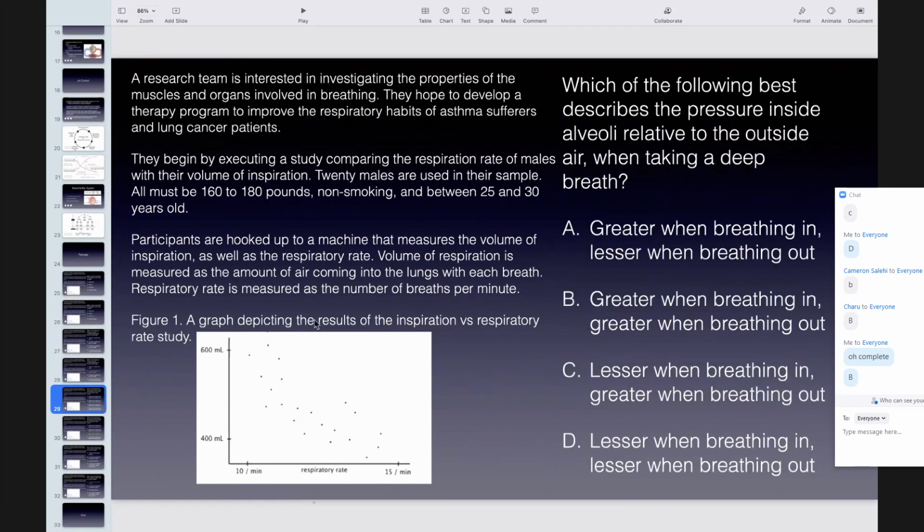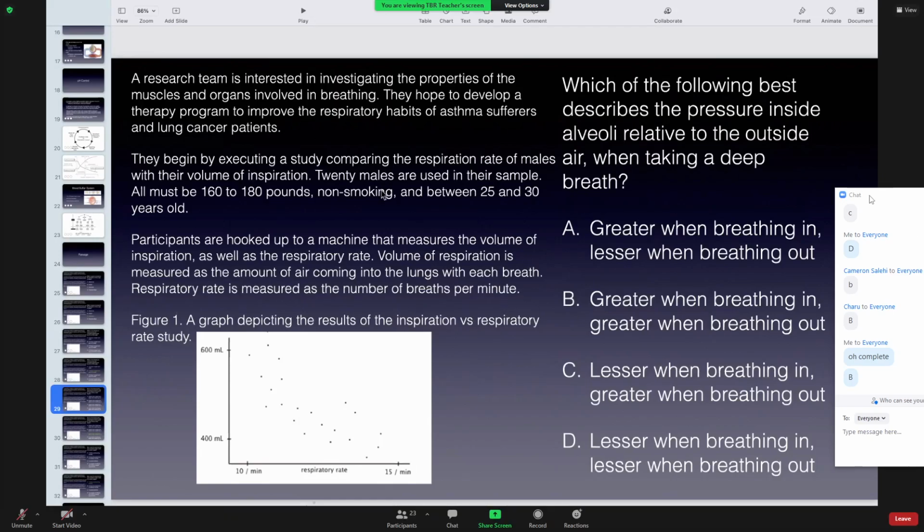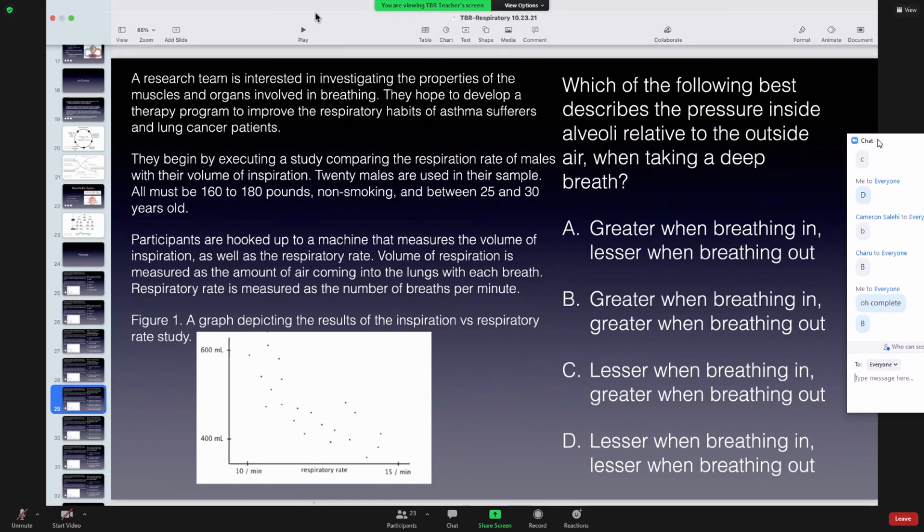Two more questions. Which of the following best describes the pressure inside the alveoli relative to the outside air when taking a deep breath?